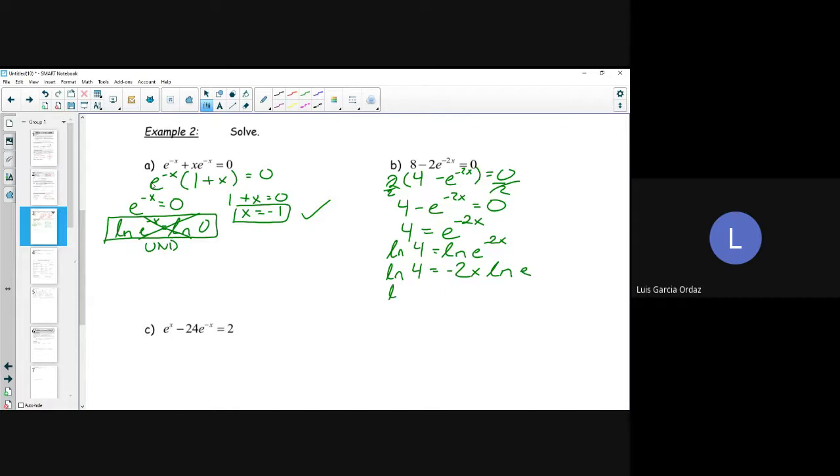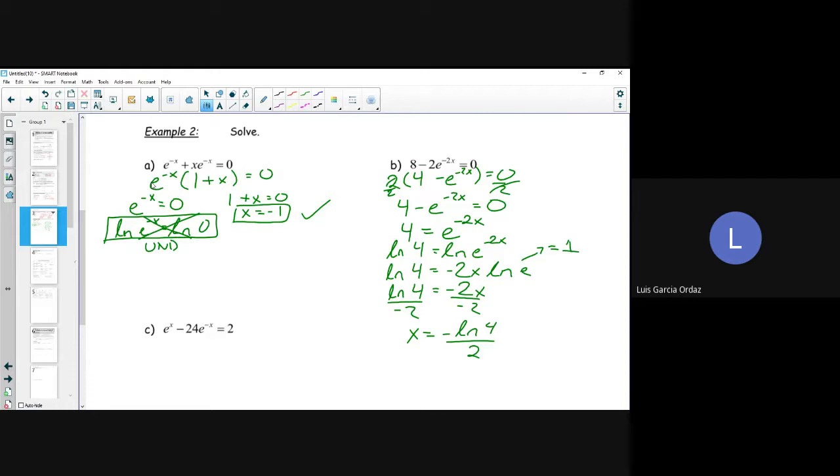So I get ln of 4 is equal to negative 2x because this is equal to 1. And now all I need to do is just solve for x. So I can divide both sides by negative 2. So I get x is equal to negative ln 4 over 2.